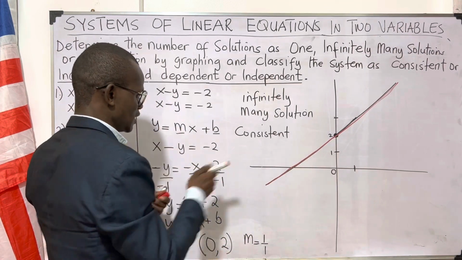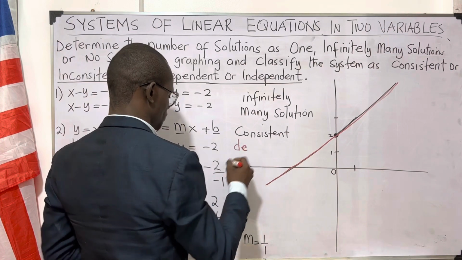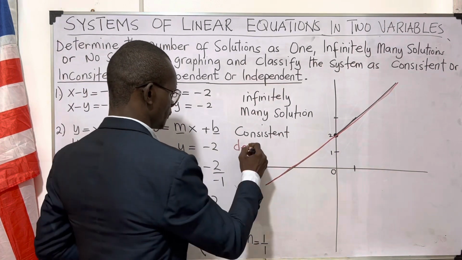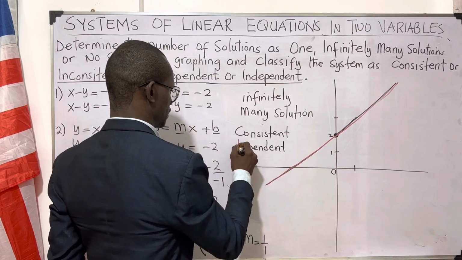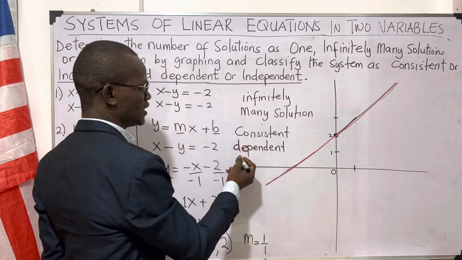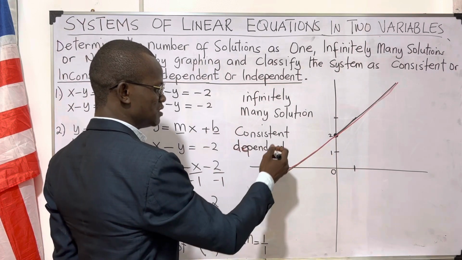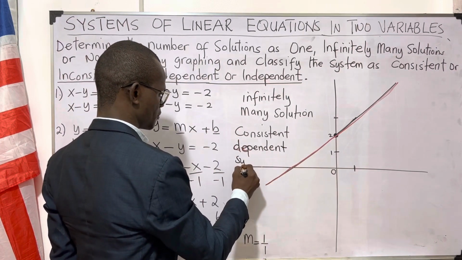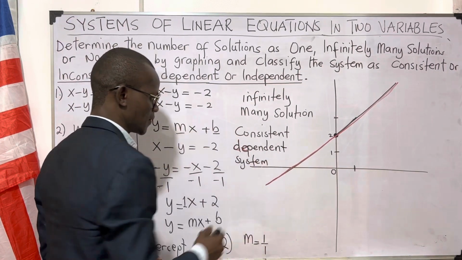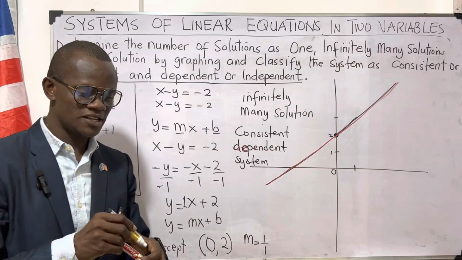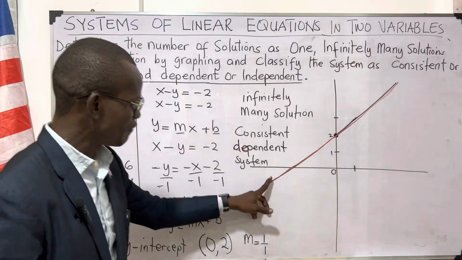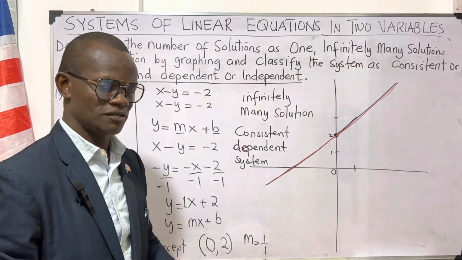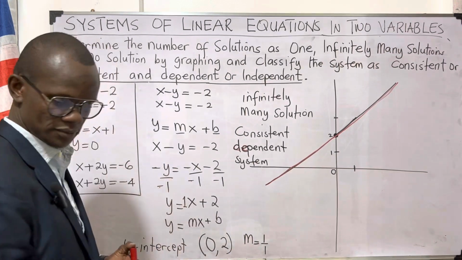So this is dependent. We call this a consistent dependent system. It is consistent and it is also dependent, because one graph depends on the other.